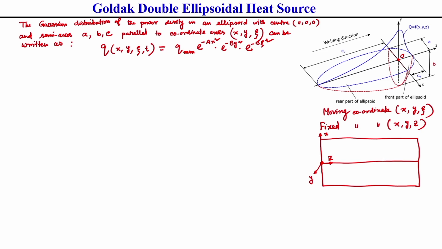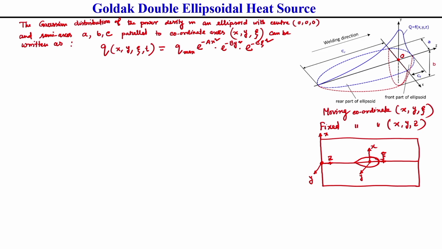Another coordinate system is the moving coordinate system. I have already told you in details what the moving coordinate system is. It has an x axis, its thickness direction is y, but its z axis is represented as zeta. This you should keep in mind.